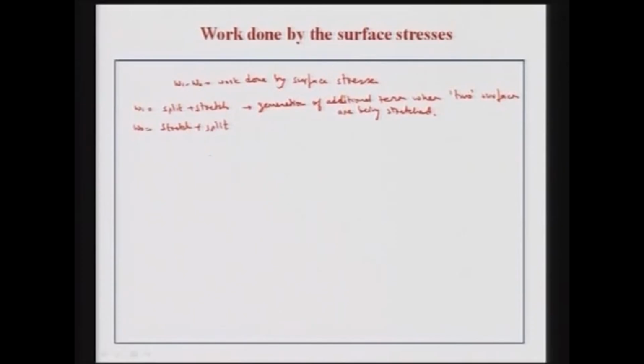So we can see that W1 minus W naught is equal to W naught plus 2 times gamma plus d gamma 1 plus dx.